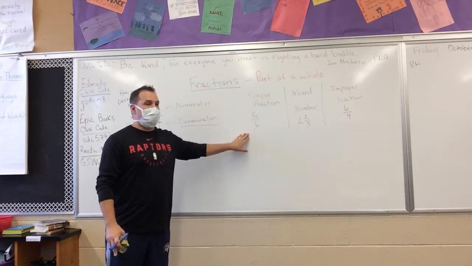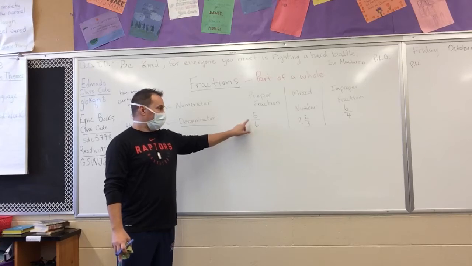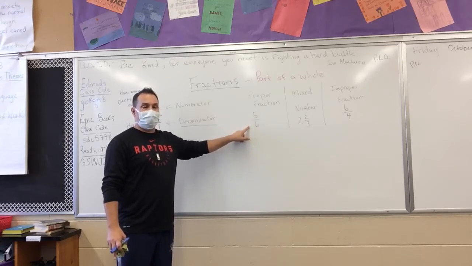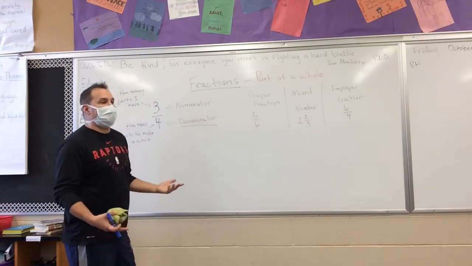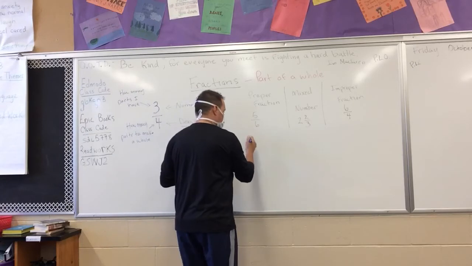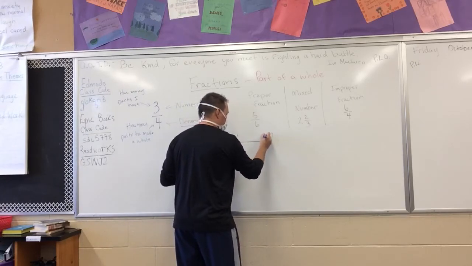Most of the time, up until now, you've been looking at what we call a proper fraction, where the numerator is smaller than the denominator, right? If we were to represent that in a picture form, it would look something like this. Here is a rectangle.